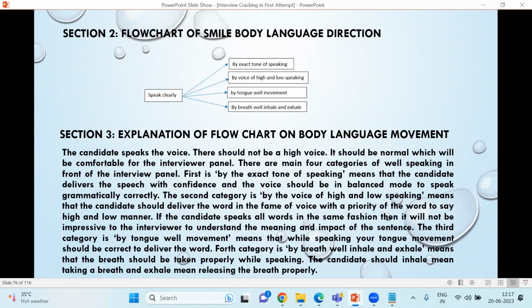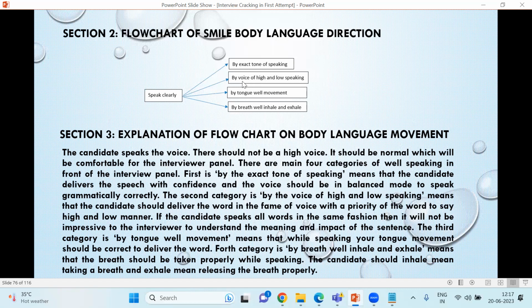You should be very careful to make a pause between one sentence and the next answer being delivered. The second category is the voice of high and low speaking.